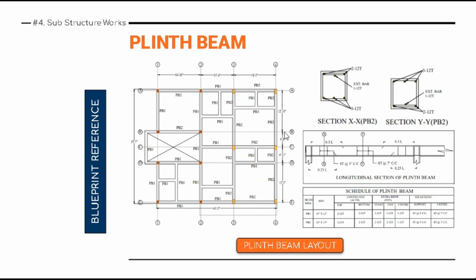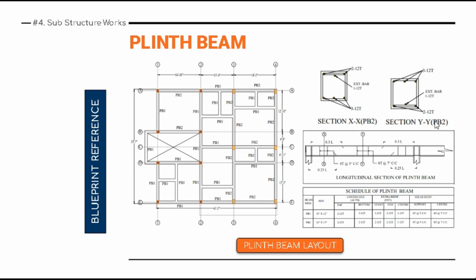These are the reinforcement detailing, and these are the shuttering plan which marks the horizontal alignment of the plinth beam, and the various cross sections are shown here for PB1 and PB2.